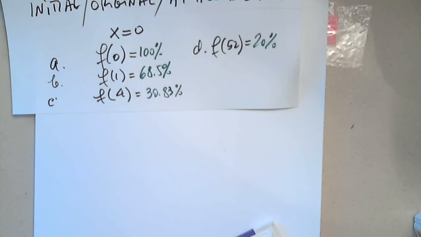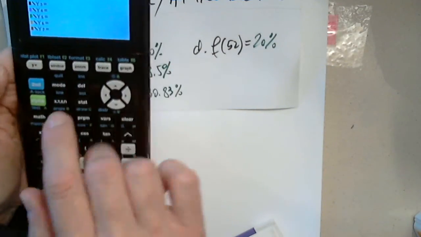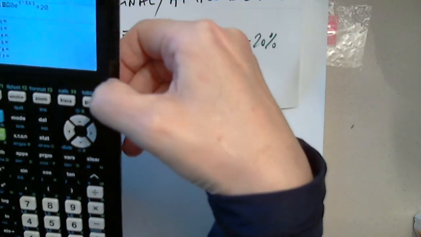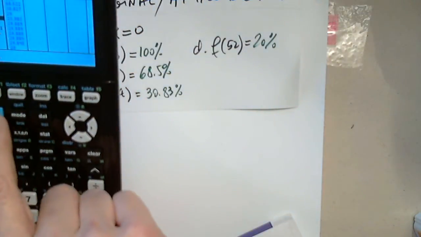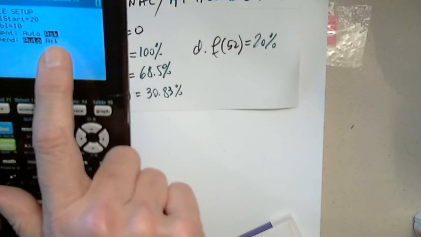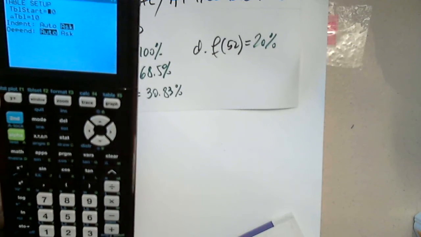Any questions? How did you get to the table again? Yes, let's do that again. So after you put in y equals, you go with second and table right here. Second and table. But when you go to second and table set, you have to make sure that the independent variable is in the ask mode, otherwise it will not allow you to put in the x values that you want.